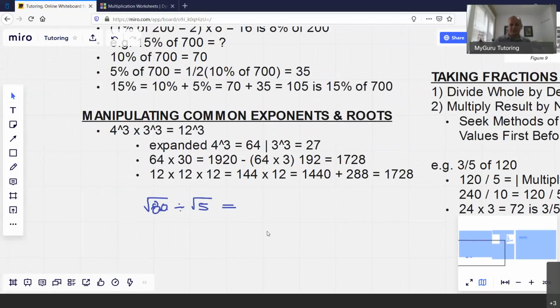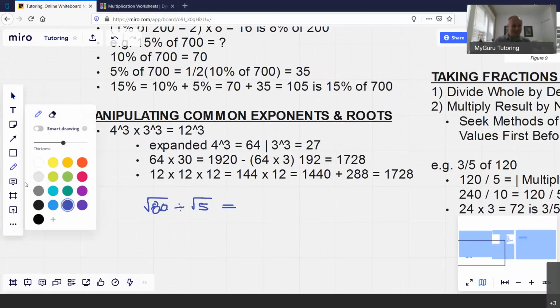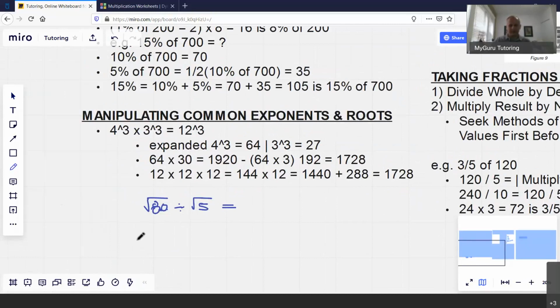Long division is probably the one thing that I would say is not nearly as time consuming as you might think, and probably the number one thing that I would recommend potentially writing out. 80 divided by 5: 5 goes into 8 once.